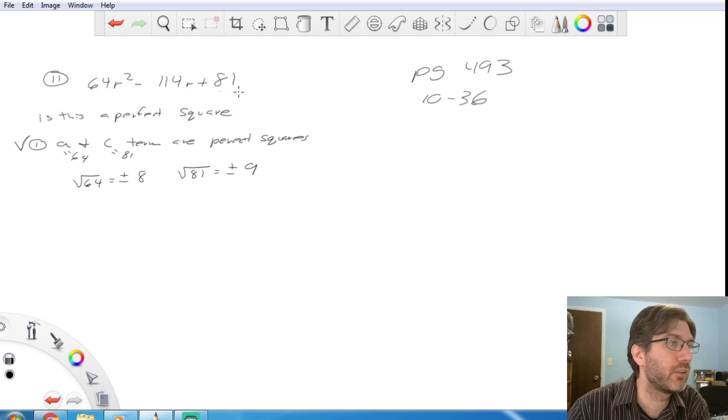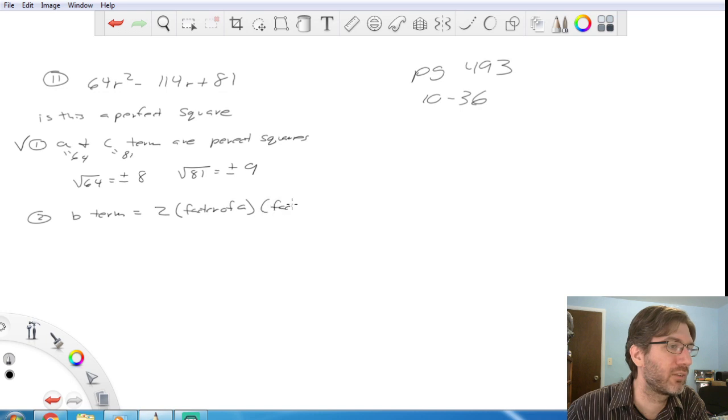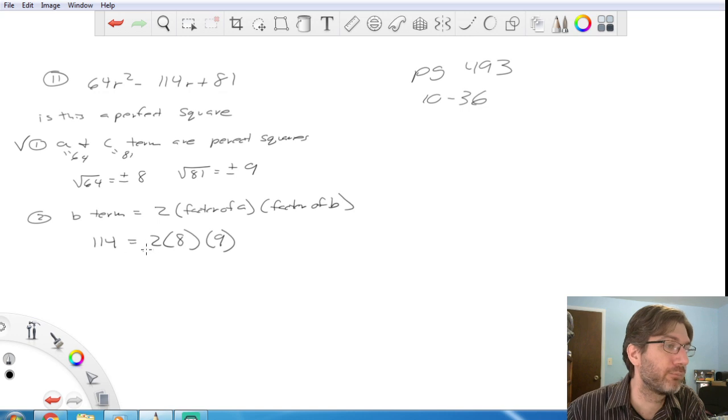Our second criteria is that the B term equals 2 times factor of A times factor of B. So in other words, does 144 equal 2 times factor of A being 8 times a factor of B being 9? Is this true? And that is true.